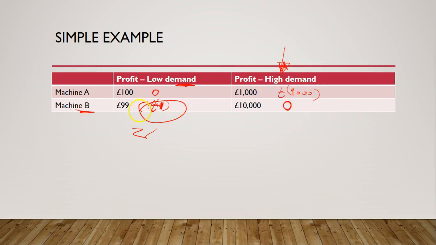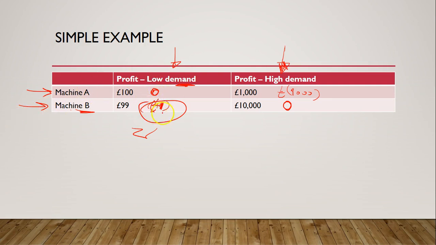So the thinking here is this. Let's start again. You can go over this and rewind the video just to make sure you're clear. You will make a decision, and then one of these will happen. If you go with machine A and you have low demand, lucky you. No regret.